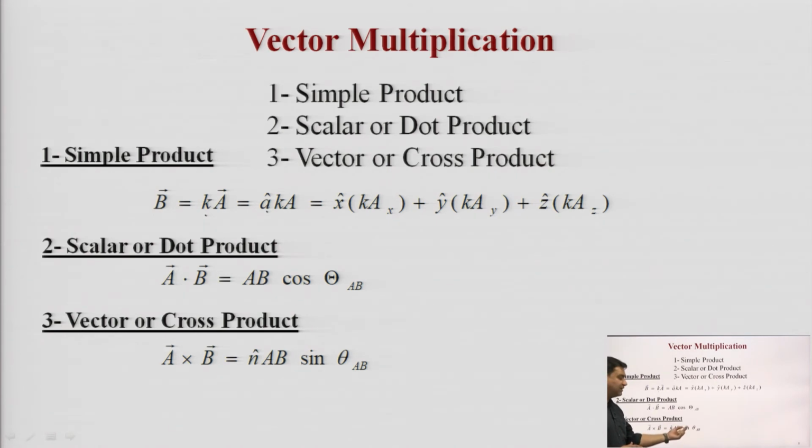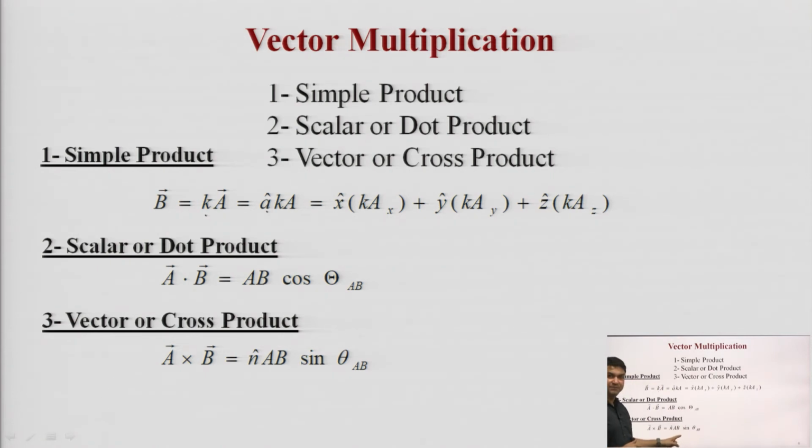In the same way, theta is the angle between A and B. Here the unit vector n describes the direction of the resultant of the cross product of these two vectors A and B.